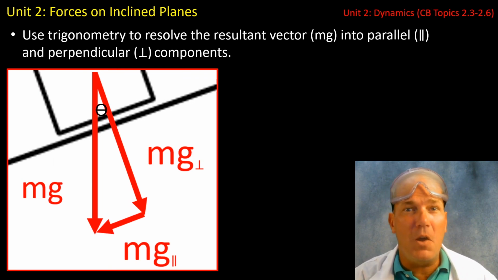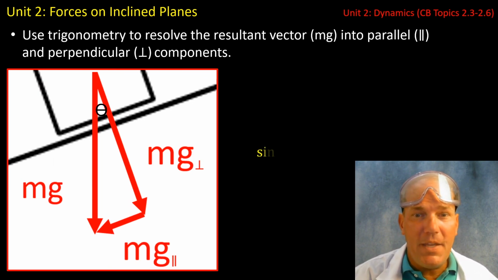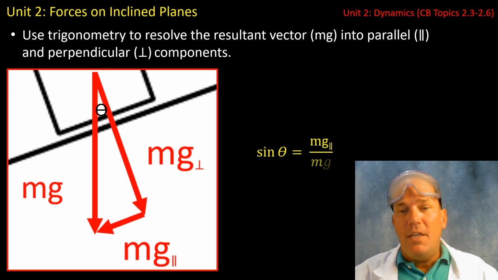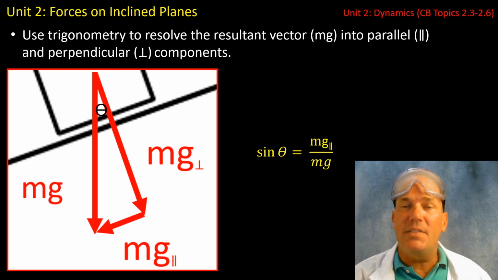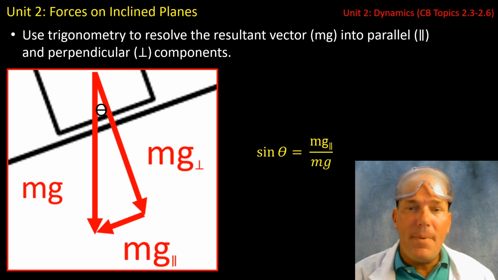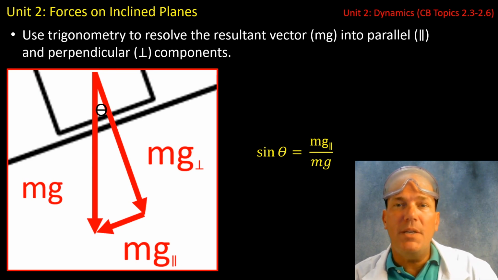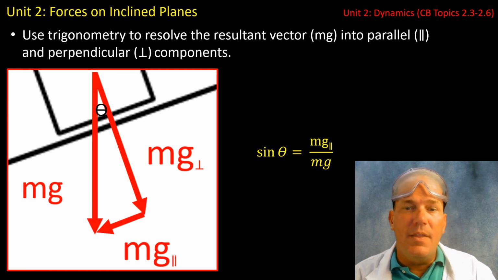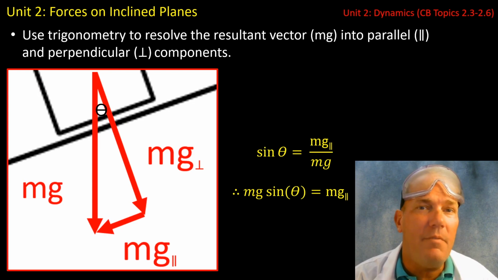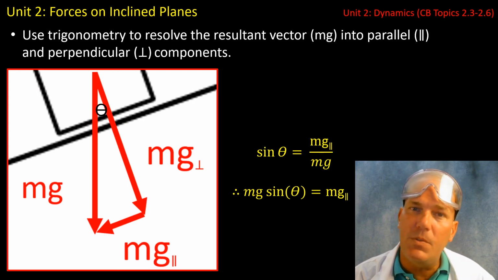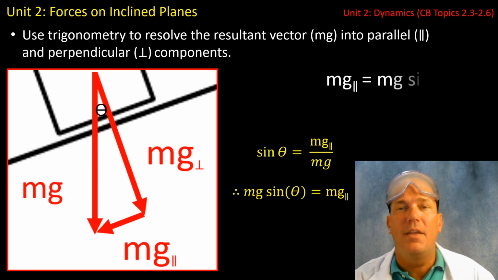So now that I've gone over this angle theta and the geometry, let's use a sine function to relate the opposite side to the hypotenuse, which means we can rearrange this to solve for the parallel component of the force of gravity, which is equal to mg sine theta.